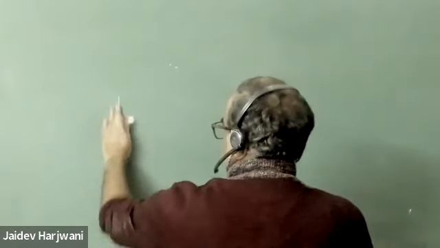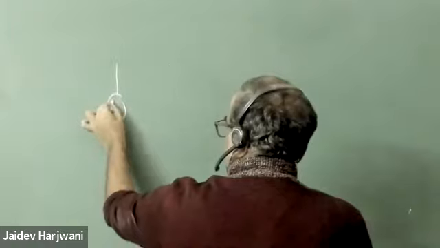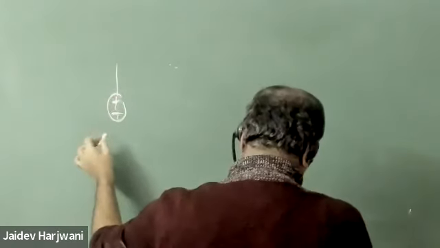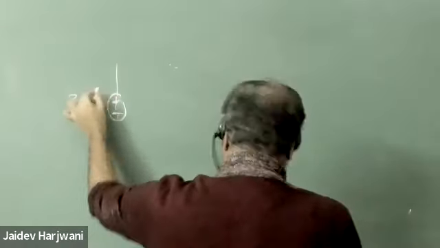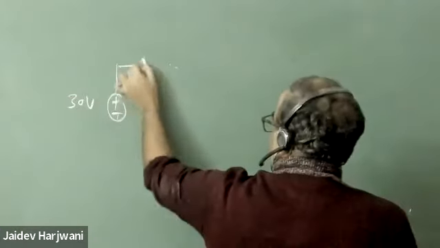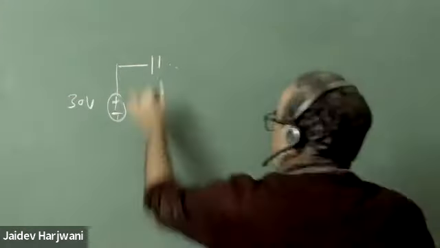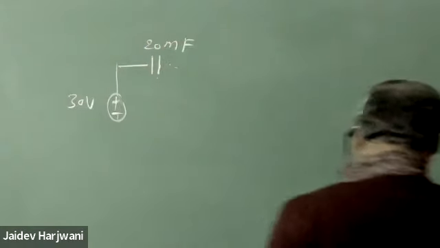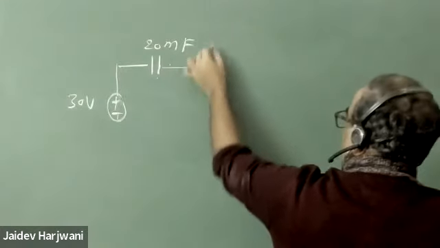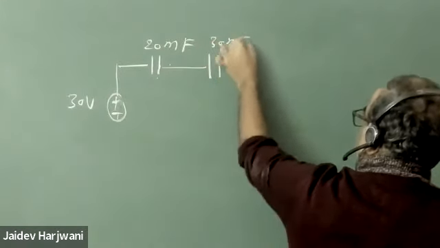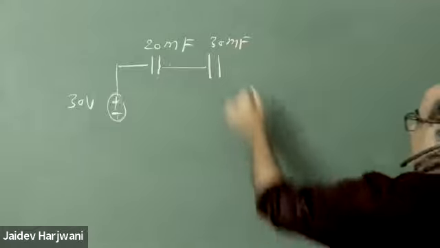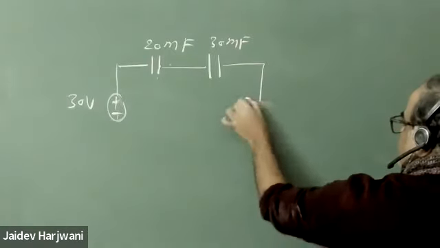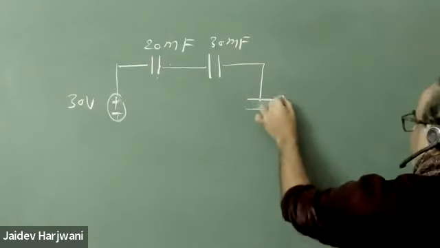So now let me solve one problem. We have a plus minus 30-volt battery given. Here we have a 20 millifarad capacitor. In series we have one more 30 millifarad capacitor. Okay, and then here we have been given 40 millifarad.